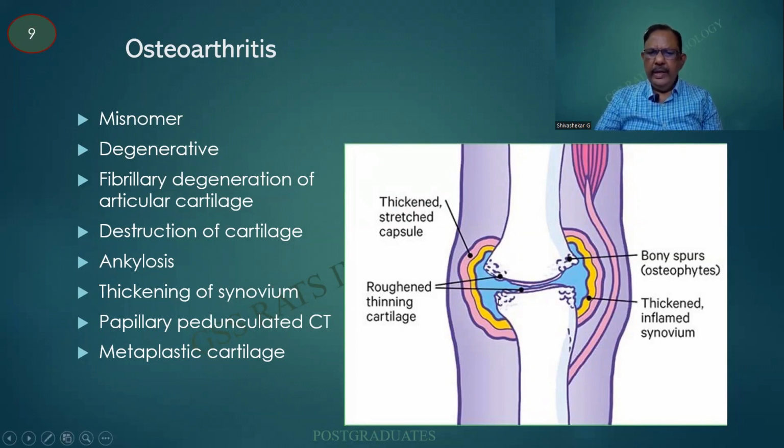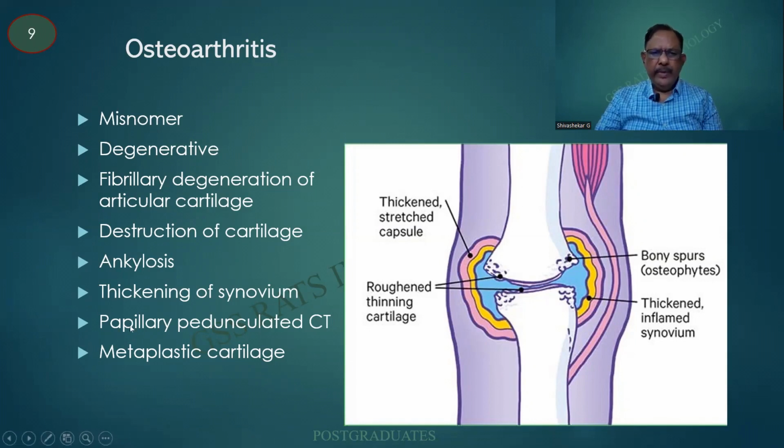There is a roughening and thinning of the cartilage. There can be cartilaginous or bony spurs projecting into the cavity. The capsule is stretched and the synovium shows reactive changes such as inflammation, thickening, and so on.